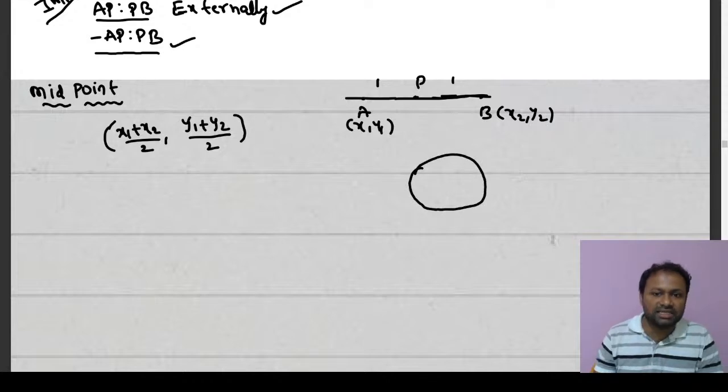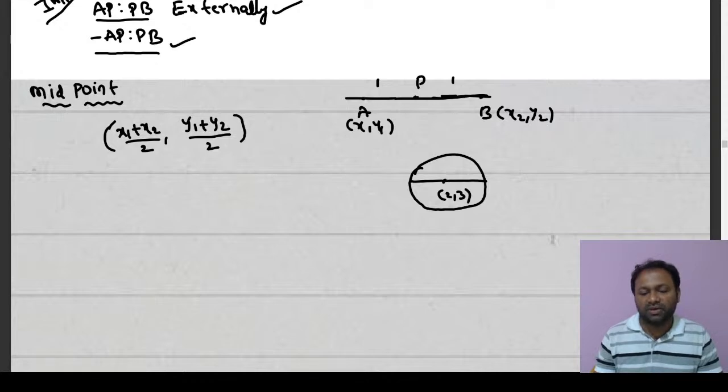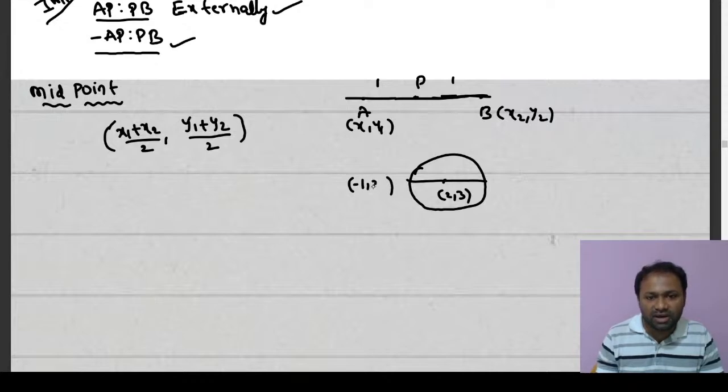One circle is given. This is the center, 2 comma 3 is the center, and I will take this as the diameter. Suppose one end of the diameter is given. One end of the diameter is minus 1 comma 2.